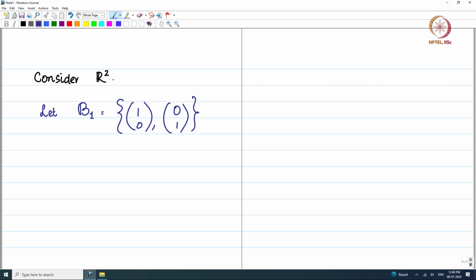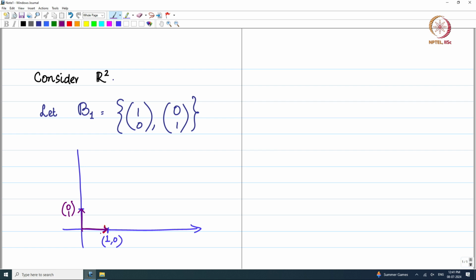So, let us look at how geometrically this 1 0, 0 1 basis looks. 1 0 corresponds to this vector along this direction, that is 1 comma 0, and 0 1 is this vector, along this direction.